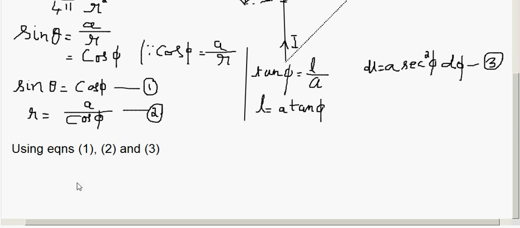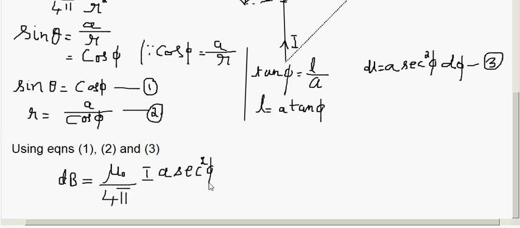Using these equations, now we can write dB equal to mu naught by 4 pi, I, and we have I dl. dl is this, A secant square phi d phi.